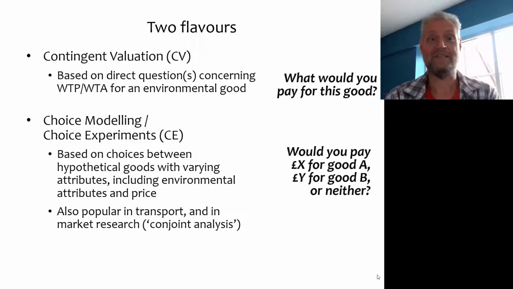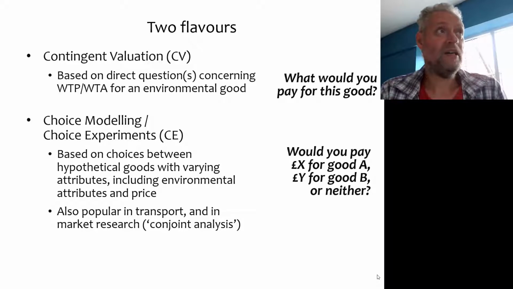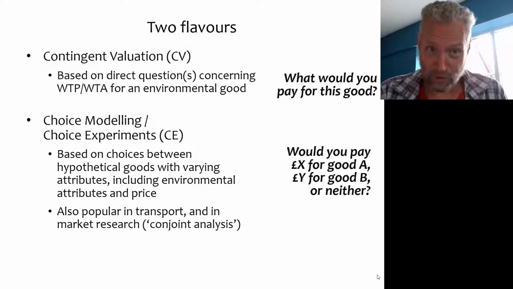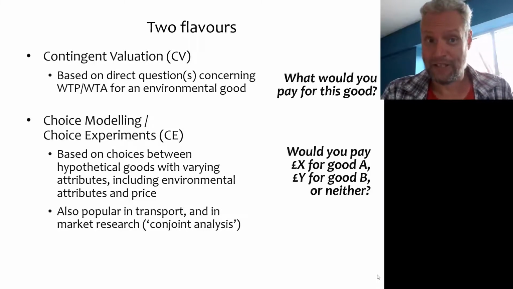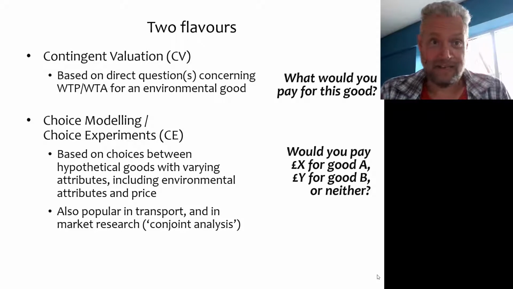Contingent valuation is something else entirely. People are not unfamiliar with it, but the format is that somebody walks up to you in the street and asks you, would you sign this petition? Or in this particular case, would you contribute £10 to this good cause, right?